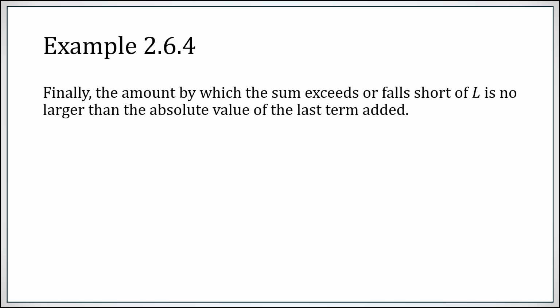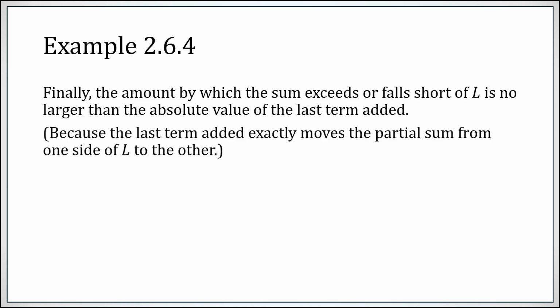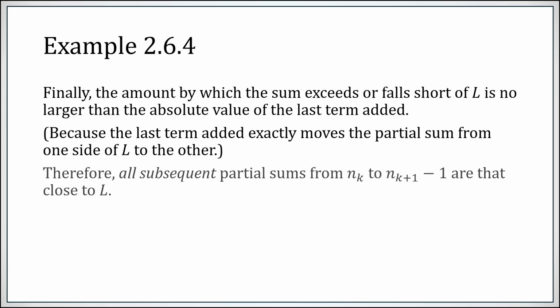So finally, as we have this sequence of partial sums that just exceed L, and then just to the left, and then just above, and so forth, by how much do we go above or below L is a single term of the sequence we started with. Okay, the last term we added is exactly moving the partial sum by the size of that quantity.